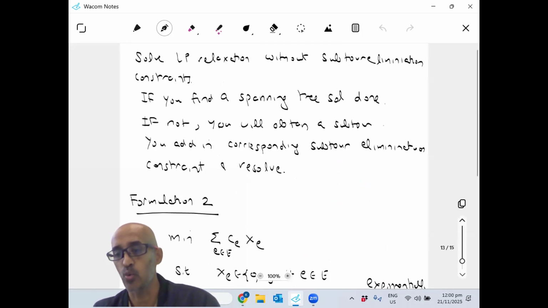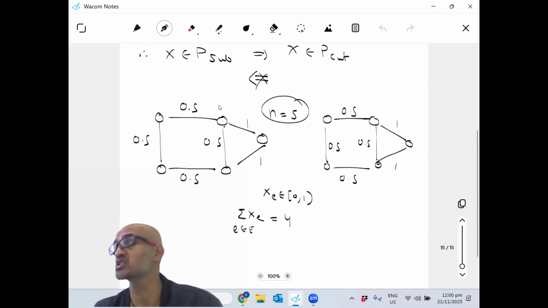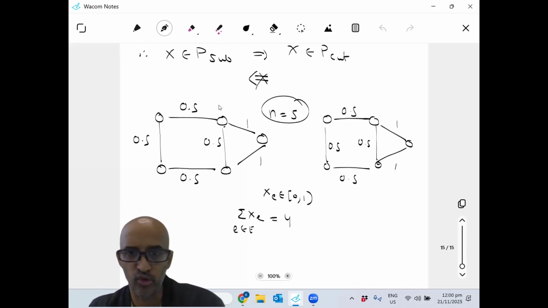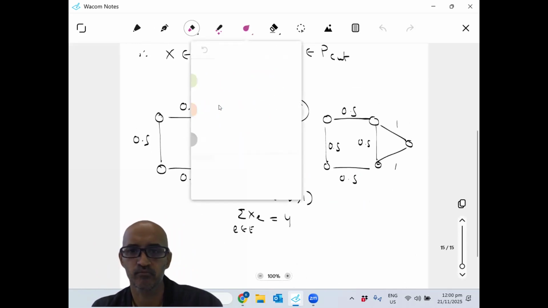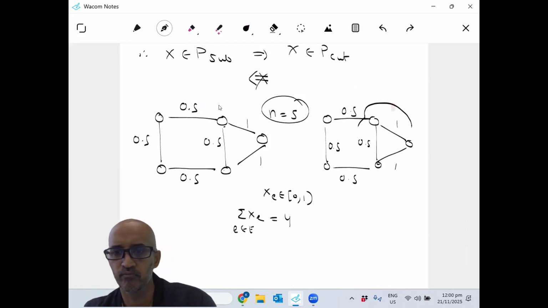Now, let's look at whether it satisfies the cut set elimination constraint or not. If I look at, let's say, 2, 4, so let's look at this particular set S.